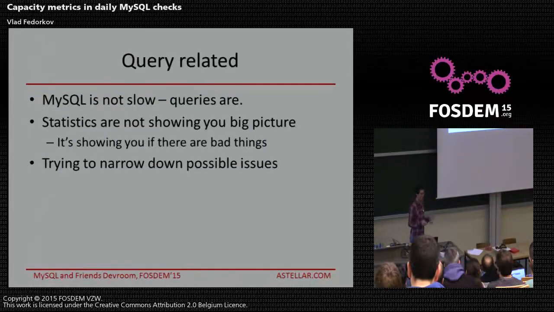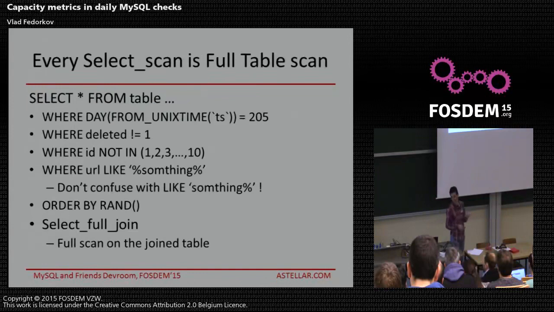For the queries, you can narrow down the issue pretty much instantly, and it will give you a lot of information. Like if you have the select scan metric on the MySQL side, if you see that number per second is not zero, this is probably the main risk for your MySQL server, because this is a full table scan.